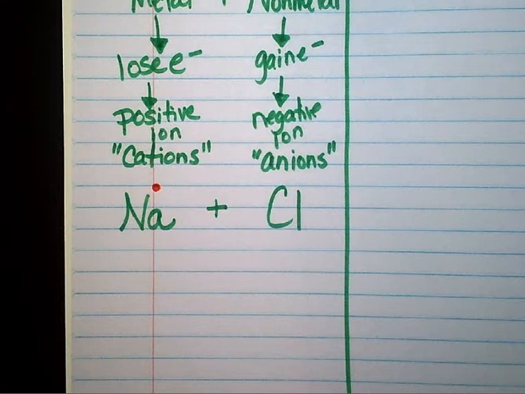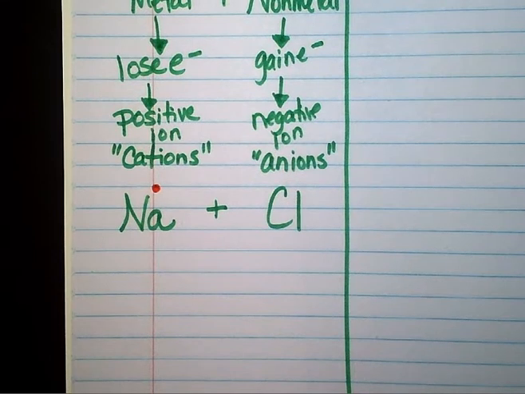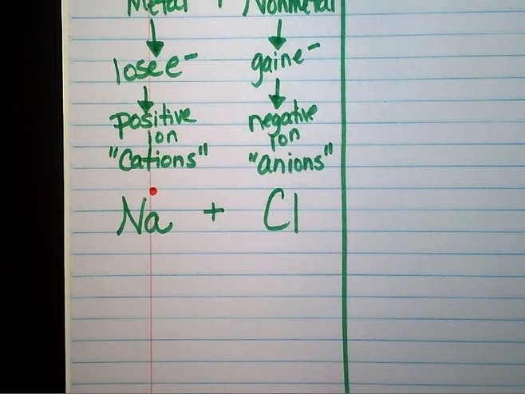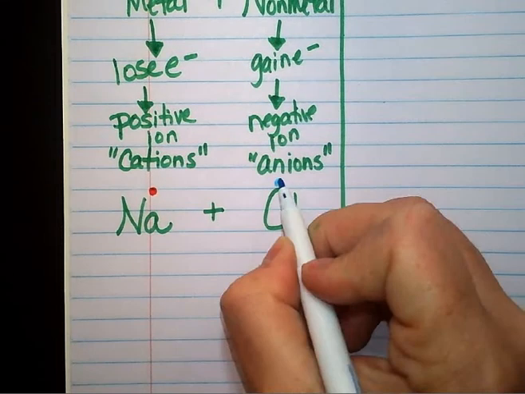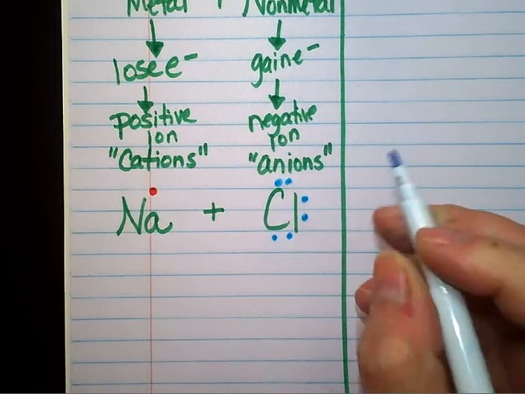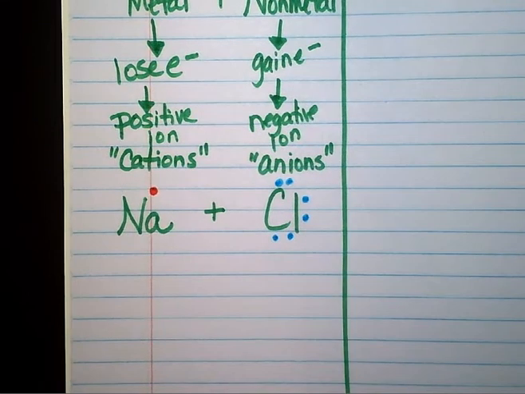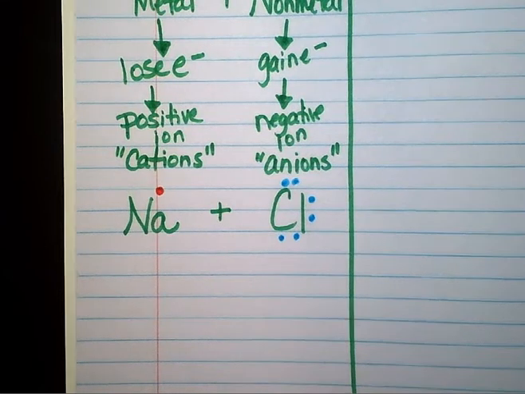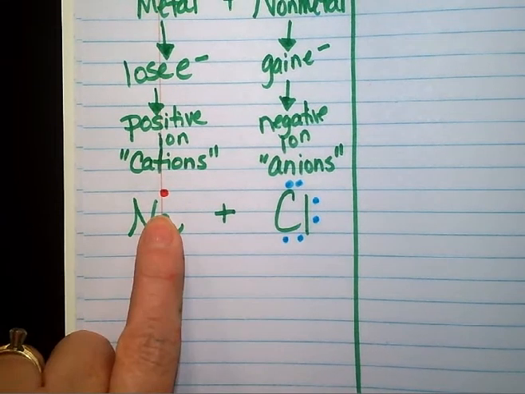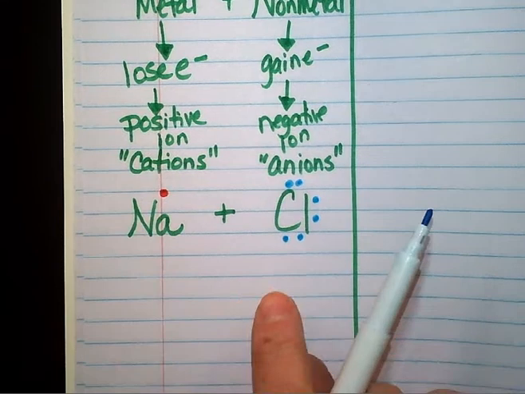Chlorine is in family group 17. How many valence electrons does chlorine have? Not 17, 7. If you remember that octet rule, it says all elements need how many electrons? 8 valence electrons to be what? Stable. So if we're looking at trying to get 8 valence electrons, sodium has 1 and chlorine has 7.